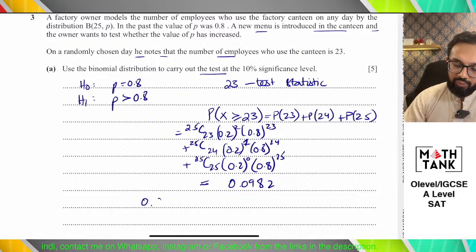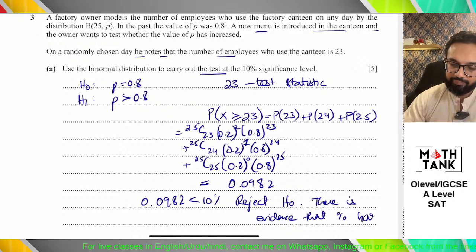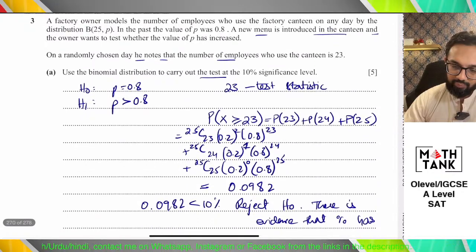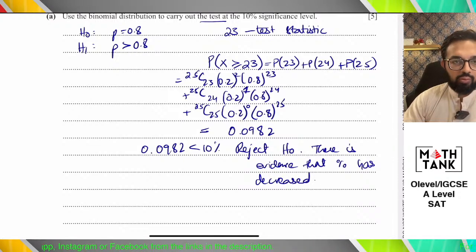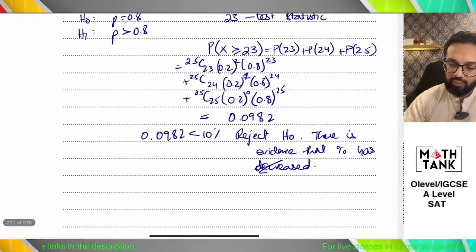So 0.0982 is less than the significance level, so reject H0. There is evidence that the percentage has increased, not decreased, sorry, has increased.